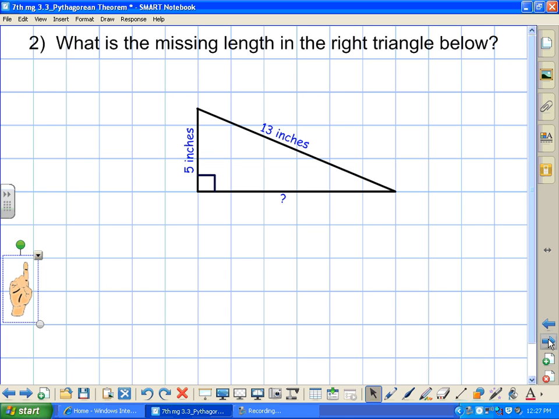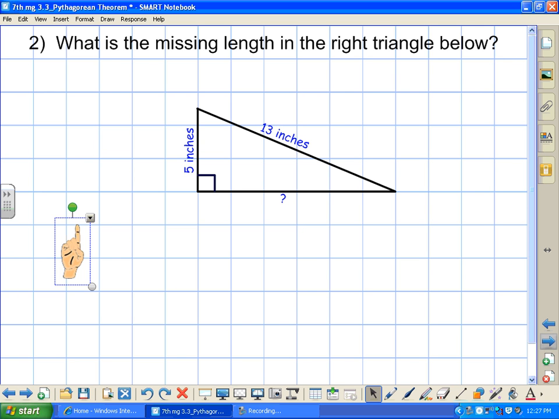Okay, here we go. So we've got another right triangle that is 5 inches. This leg here is the unknown, and this side here is 13 inches. Now, the first step you should be asking yourself is, which one is my hypotenuse? Once again, the hypotenuse should be the one that is opposite of the right angle, and it is the longest length.